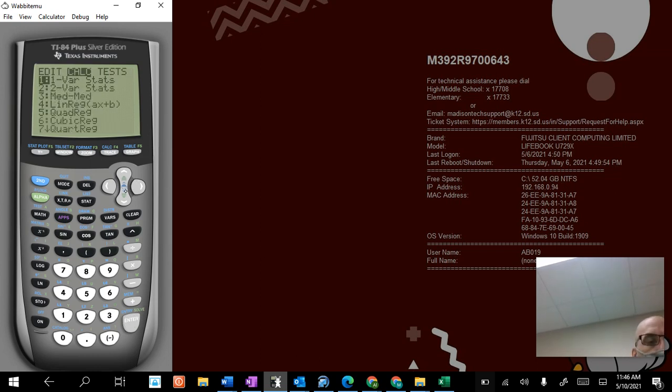Stat, calc. What are we doing? We're trying linear regression and seeing what the R value is. 0.969, so not bad, but it could be better. Stat, calc, linear. Stat, calc 9 is 0.994.